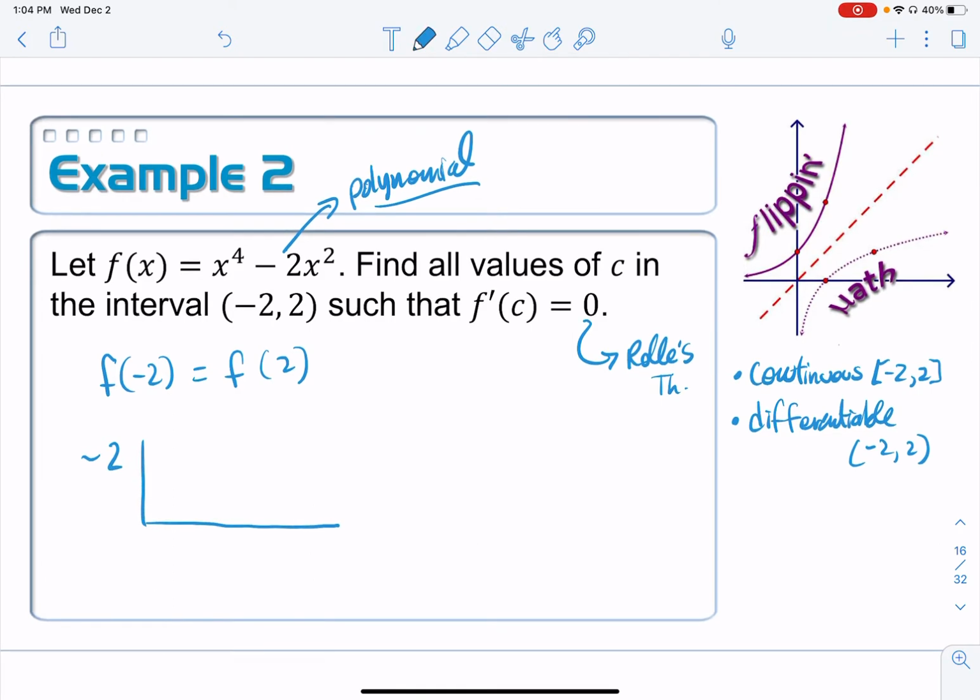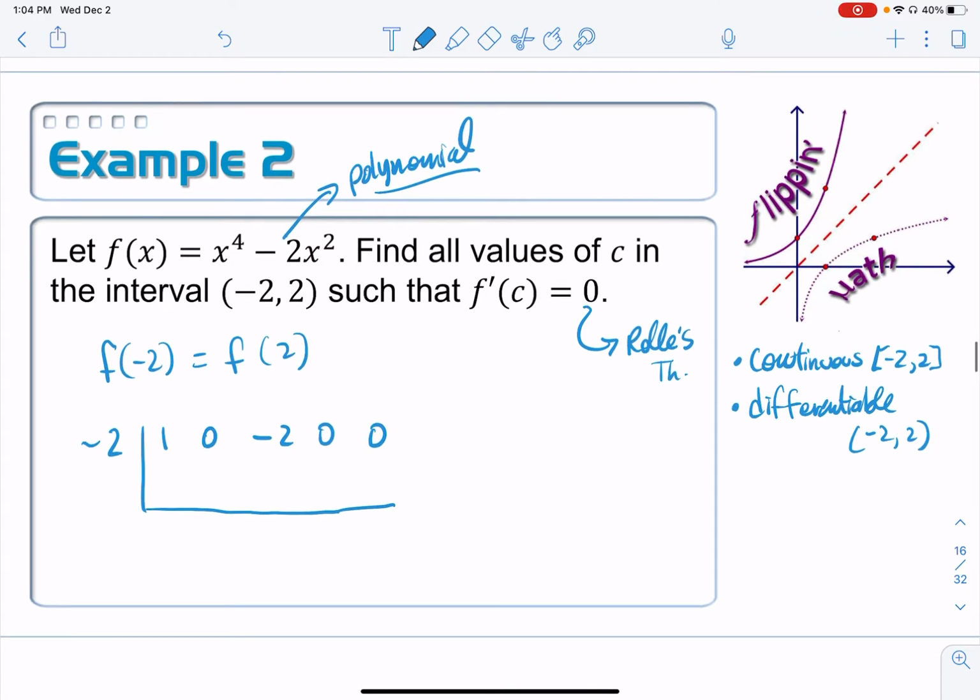So x to the fourth, x cubed, there isn't one, x squared, x, and then the constant term. So don't forget your extra zeros here. Let's bring down the 1, multiply, -2, add it up, multiply, 4, add it up, 2, and then we get a -4, -4, 8, remainder of 0.